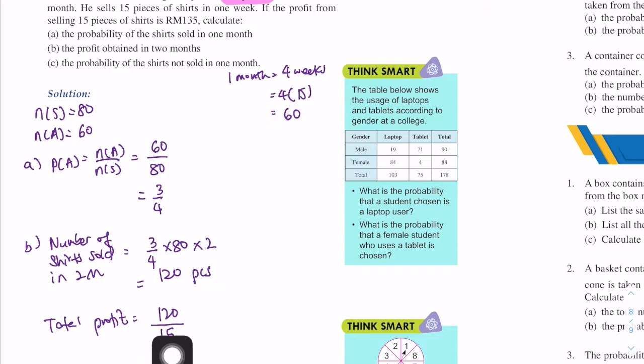Sebab kita nak tahu berapa kali 15 ada dalam 120 ni. So nanti kita just darab dengan 135, times 135. So kita calculator, 120 per 15, so 8. Maksudnya ada 8 kali 15 dalam 120 tu. So darab 135, we get RM1080 of profit for 2 months.